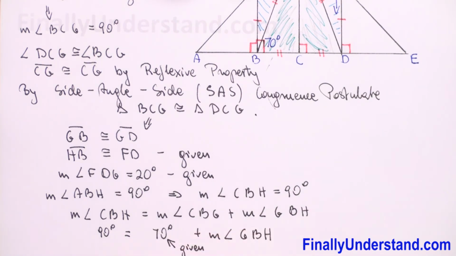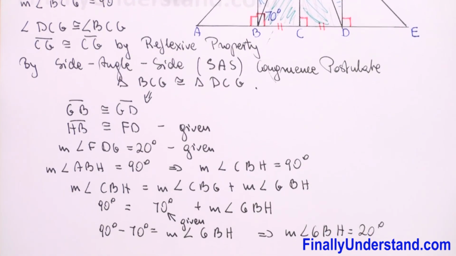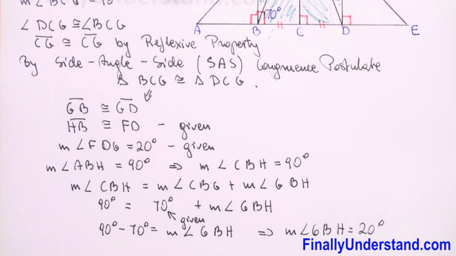I will move 70 to the left side, so it will be 90 degrees minus 70 degrees. This is equal to the measure of angle GBH. So it means that the measure of angle GBH is 20 degrees, because 90 minus 70 is 20 degrees.